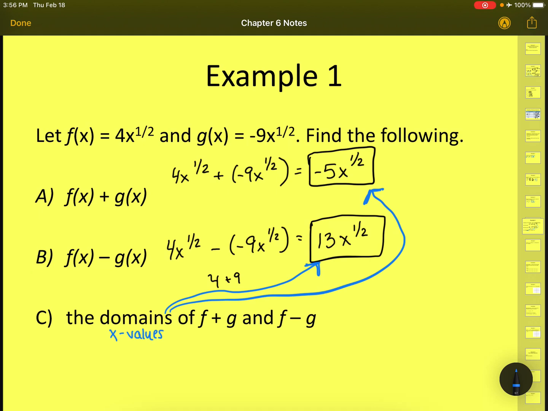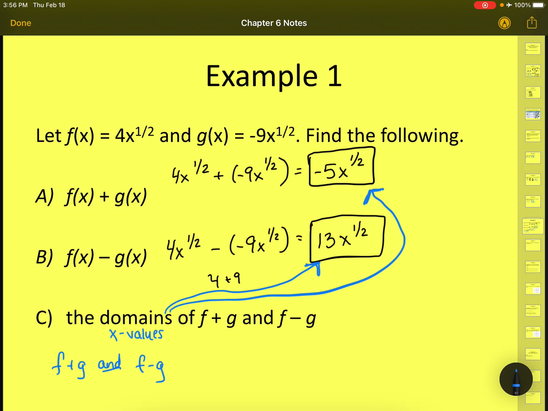So looking at both of these, f plus g and f minus g, if we try to plug in negative x values for x into both of these, it's going to give you an error in the calculator. So that means you can't plug any negative x values into there.